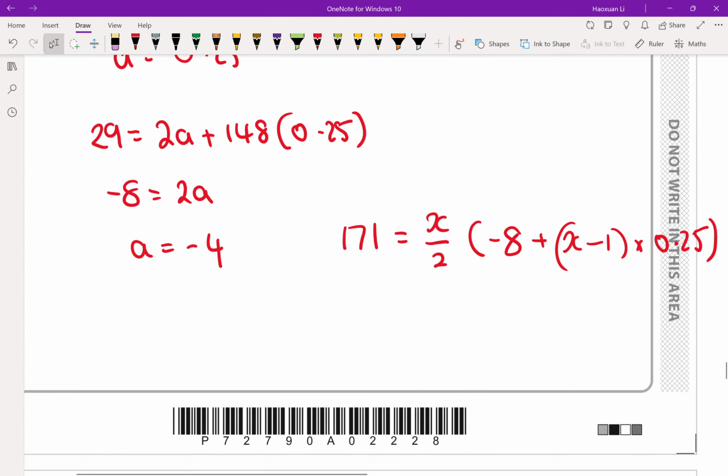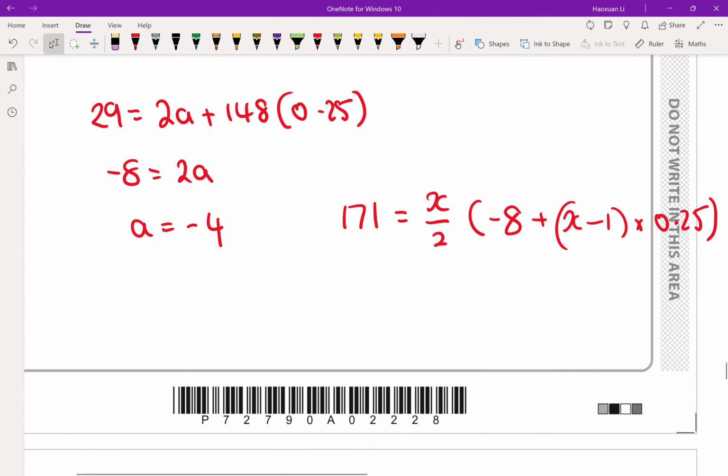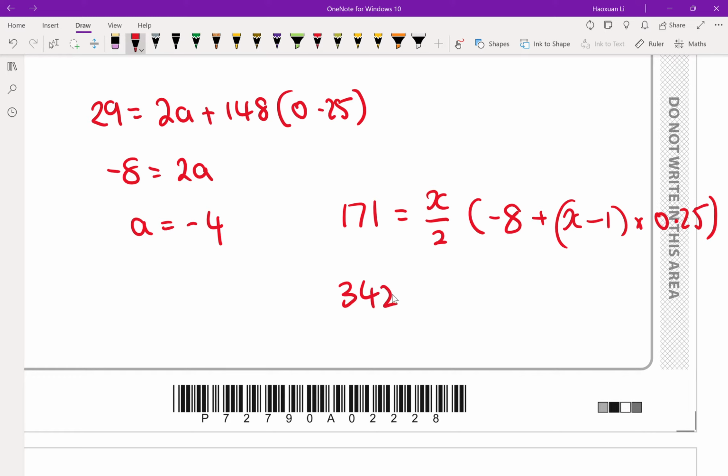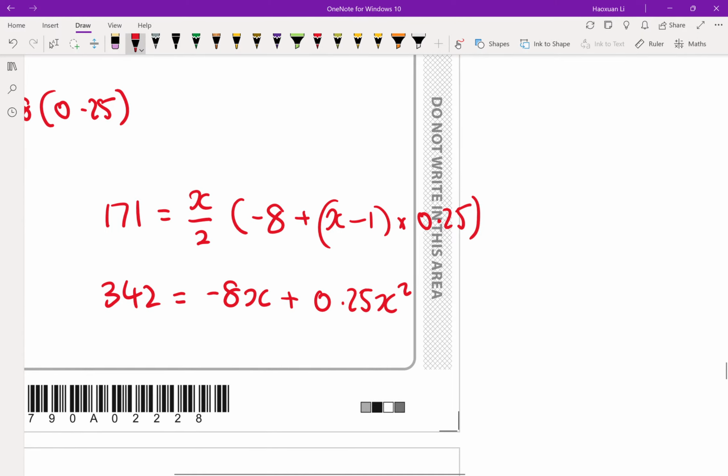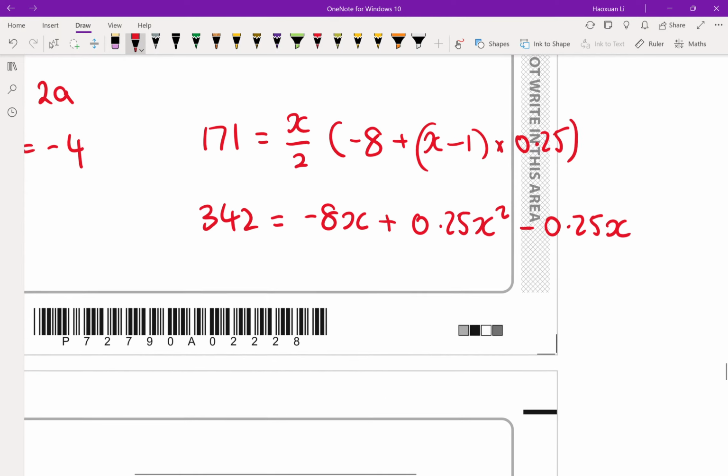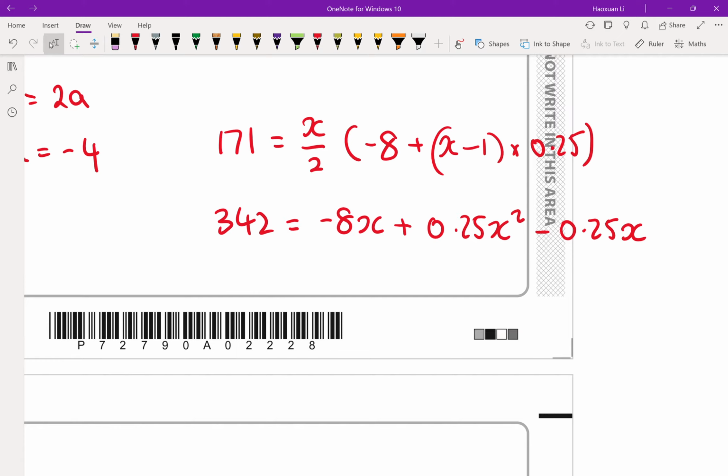So therefore, to make it simpler, you will just times both sides by 2. So 342 is equal to negative 8x plus 0.25x squared minus 0.25x. So I would like to multiply each side by 4 to make sure there are no fractional parts.